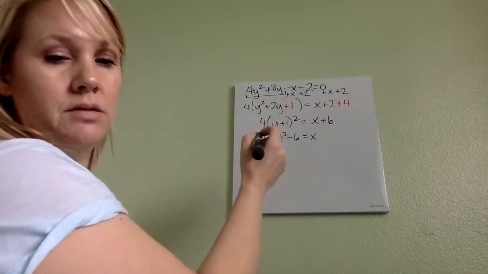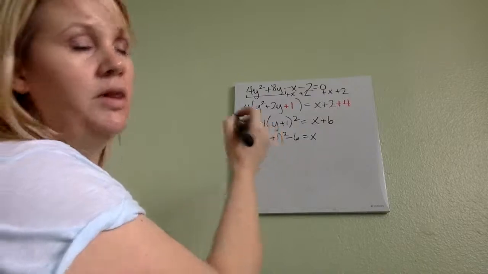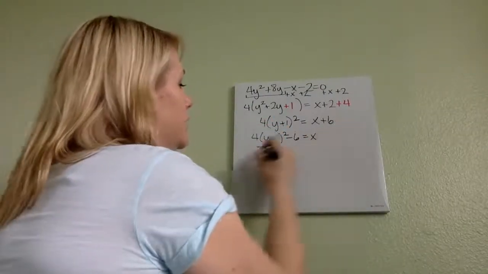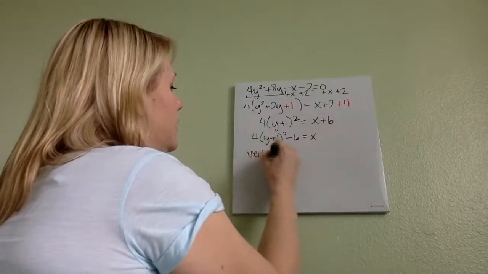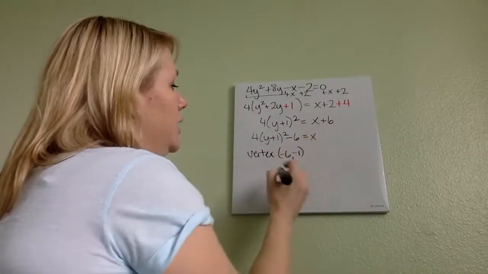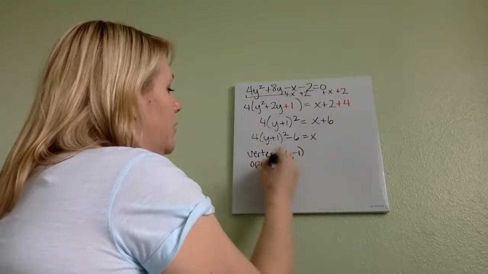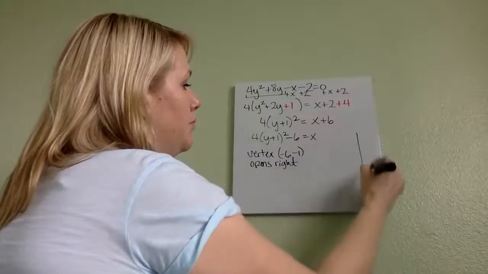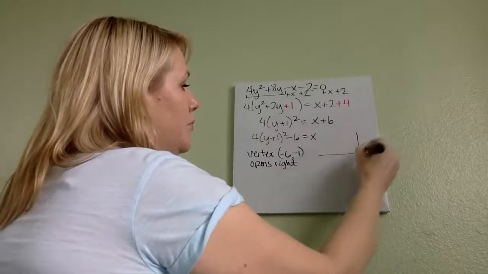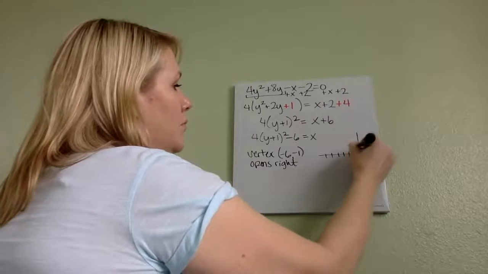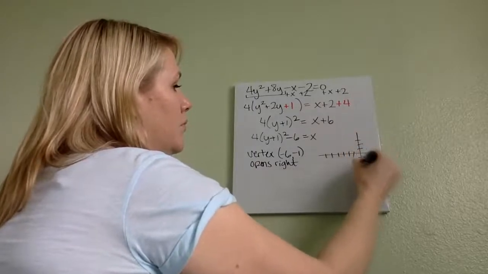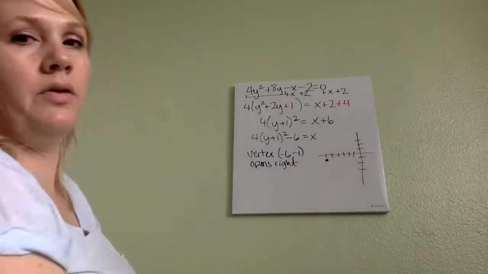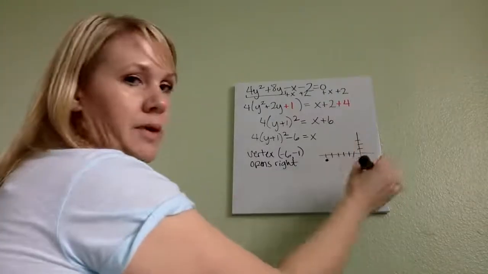To the left 6, sorry, to the left 6. So the vertex is at (-6, -1), and it opens to the right. So it's going to go this way.